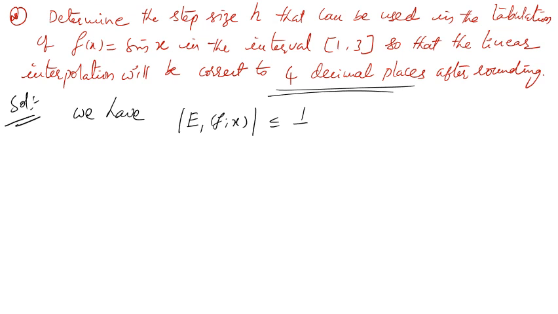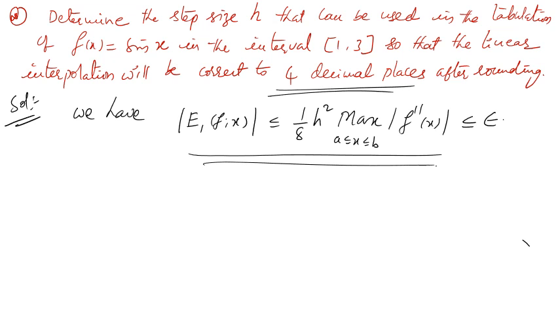In terms of h, we have 1 by 8 h square, do you remember? 1 by 8 h square M2, where M2 is the maximum of f double dash x for a less than or equal to x less than or equal to b, less than or equal to epsilon. Remember this expression, we have already derived this, where x1 minus x0 is h, x2 minus x1 is h, like that.